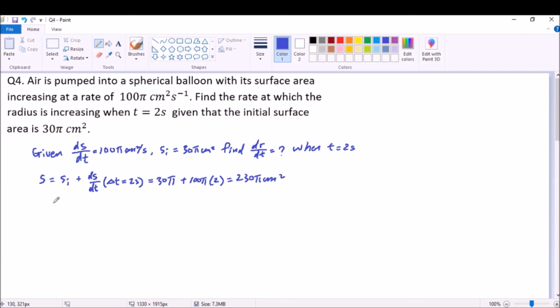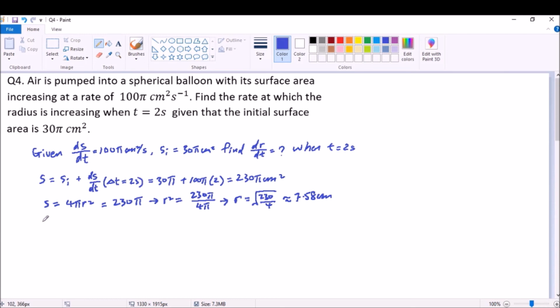And we know that the surface area has the formula 4 pi r squared, and we equate it with 230 pi, which means that r squared equals 230 pi divided by 4 pi, so r equals the square root of 230 over 4, which is approximately 7.58 cm.